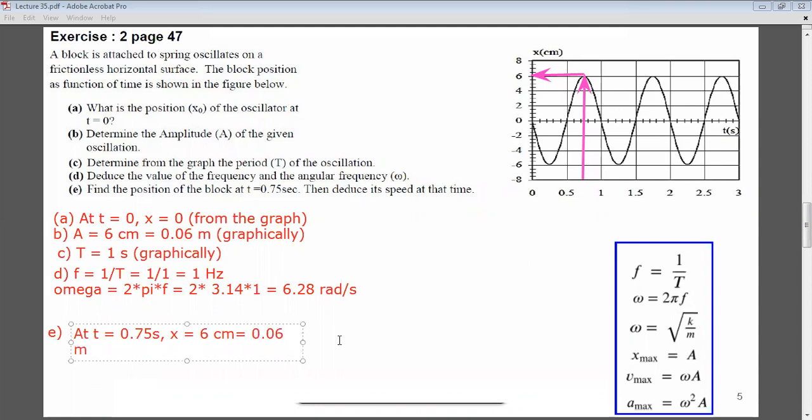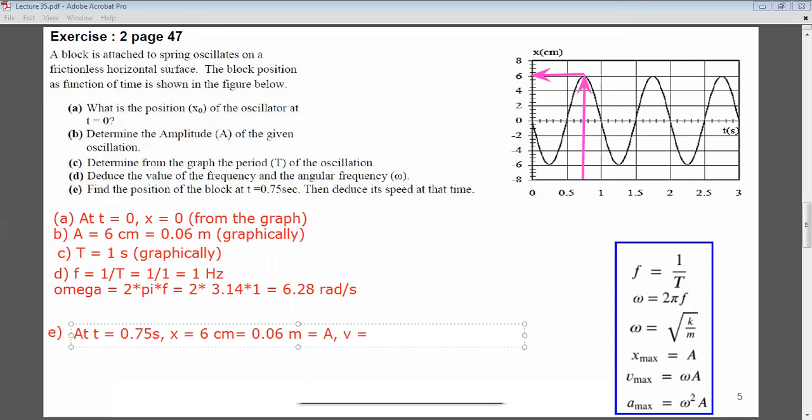Then we have to deduce its speed at that time. Here, this is a special position. This is the position where x is equal to A, the amplitude. So what happens to v at the amplitude? How much is v at the maximum elongation?